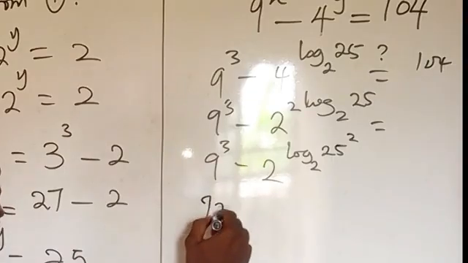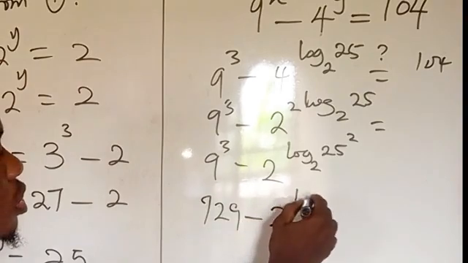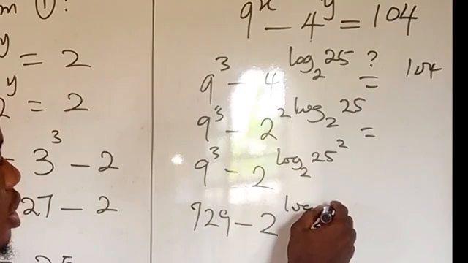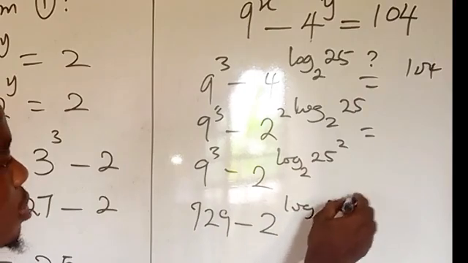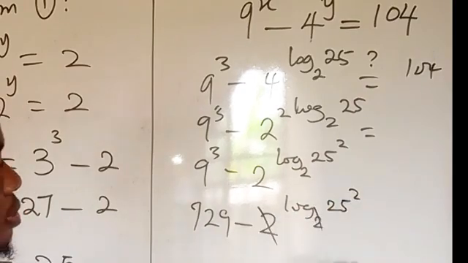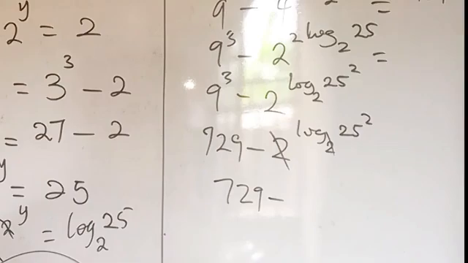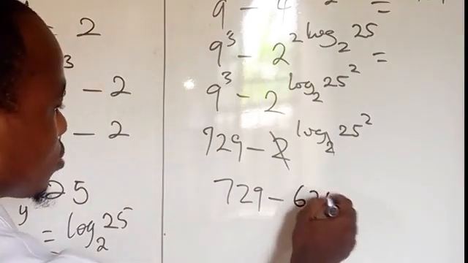So this is 729 minus 25 to the power of 2. The log and the base cancel, so we have 729 minus 25 raised to the power of 2, which is 625.